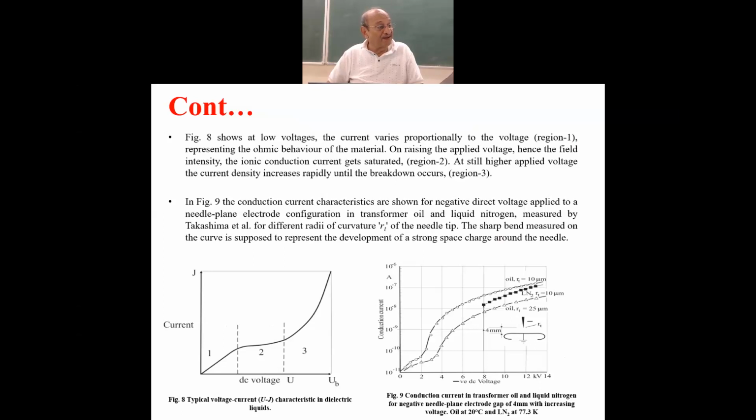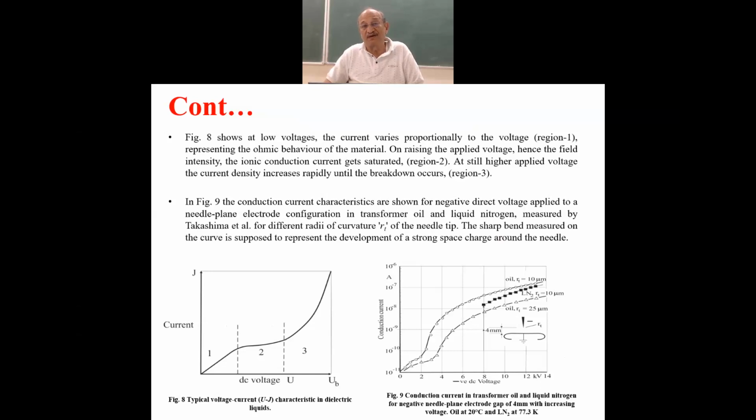And last, not the least, I would like to mention before I proceed further, solid and liquid dielectrics, especially solid dielectrics, have some amount of currents over the surface of the material.